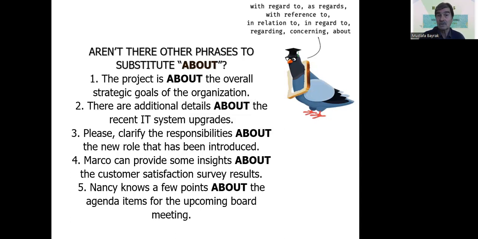The project is about the overall strategic goals of the organization. It is easy to say this, but what about saying: this project is related to the overall strategic goals of the organization, or this project is connected with the overall strategic goals of the organization. There are additional details about the recent IT system upgrades. Let's delete about here and put something else there.